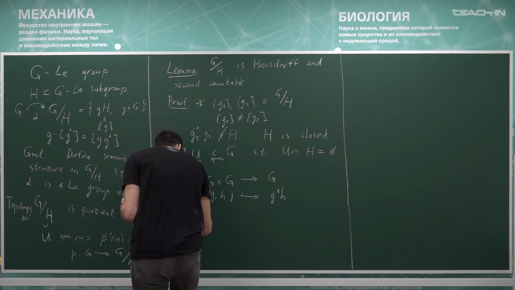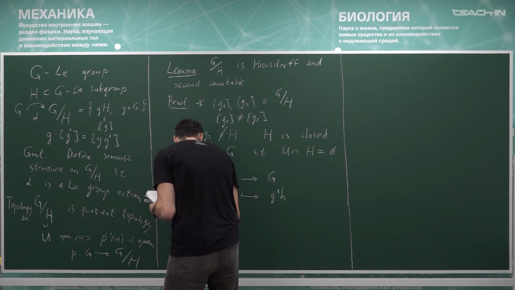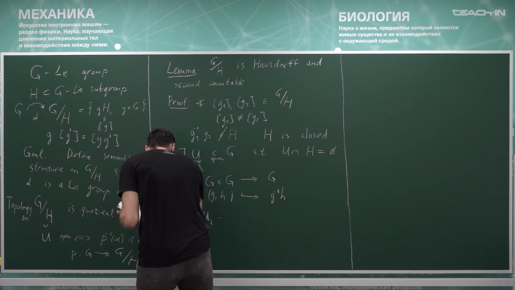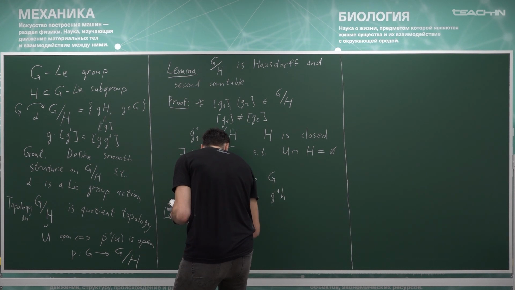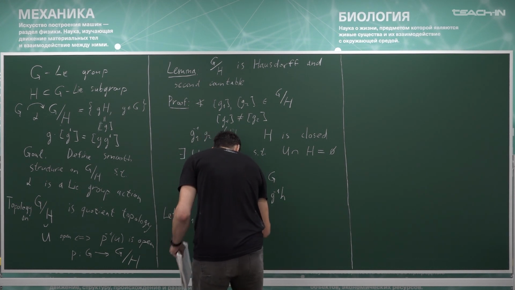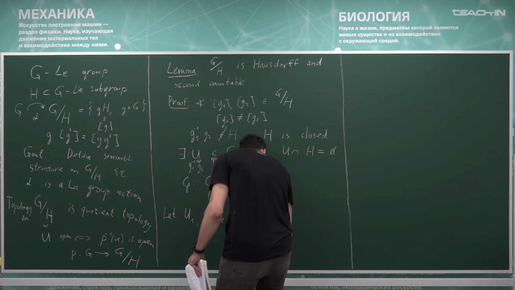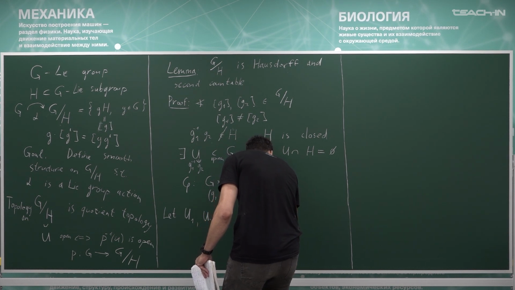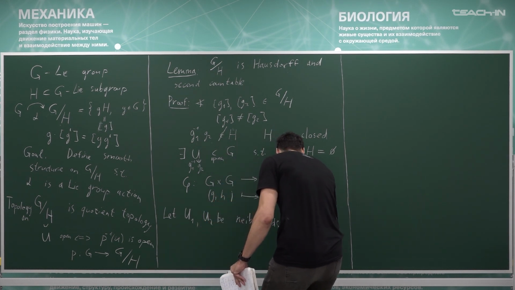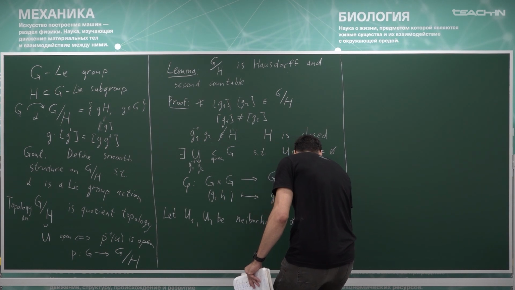Let U1 and U2 be open neighborhoods of g1 and g2 respectively.